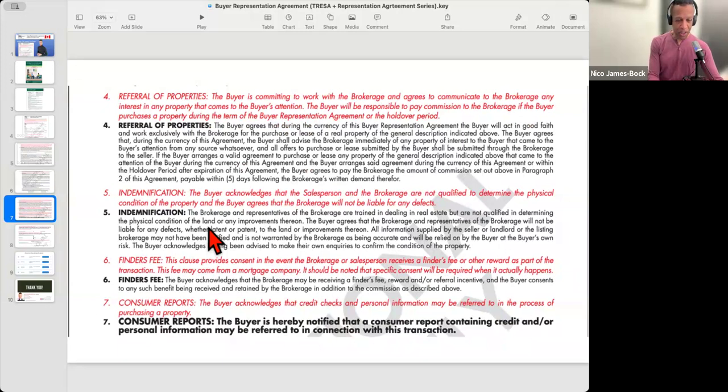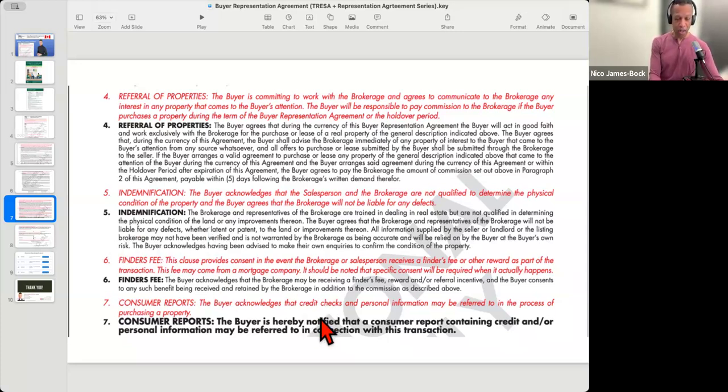The buyer agrees that during the currency of this agreement, the buyer shall advise the brokerage immediately of any property of interest. So the brokerage, the designated representative, will endeavor to locate the properties of interest for the buyer. The buyer, however, is free to do their own research, and any properties of interest shall be made immediately known to the designated representative, and then they will continue to do their duty to find out if it's an appropriate property.